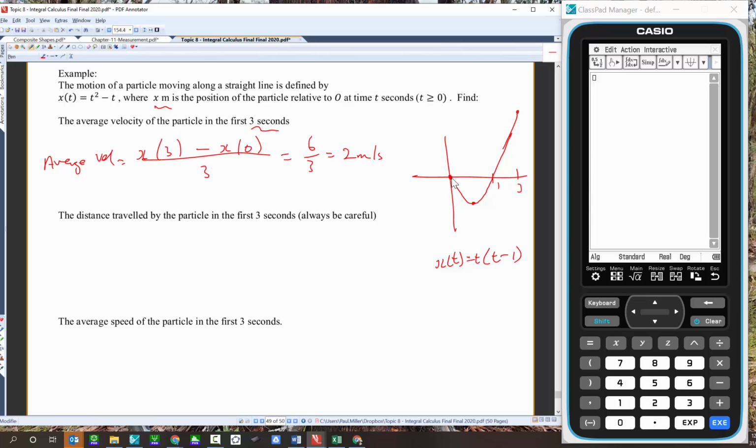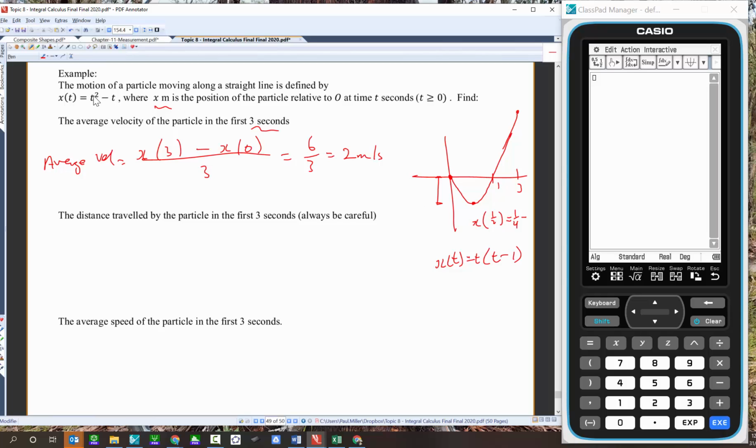To do this, I need to do this in a couple of parts. The first thing I'll do is work out the distance from the origin to the turning point, because that's how far it moves to the left of the origin. I know that the two x-intercepts are 0 and 1, so to work out the turning point, I'm going to do x of a half.